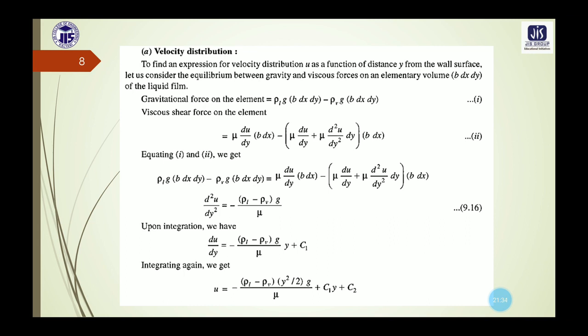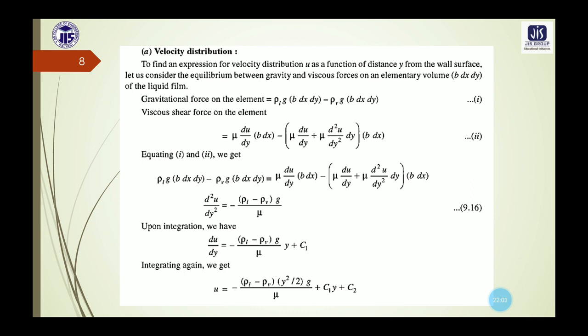Now if we equate these two different equations, that is the gravitational force and viscous shear force on this elementary volume, then after rearranging we will get the expression of d2u/dy2 equals minus (rho L minus rho V) into g divided by mu.